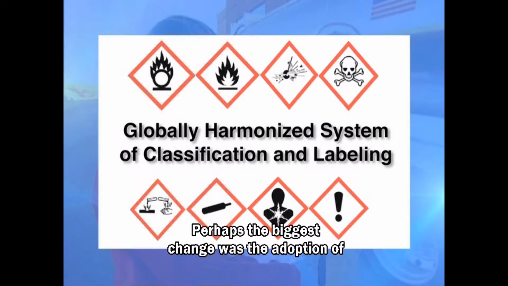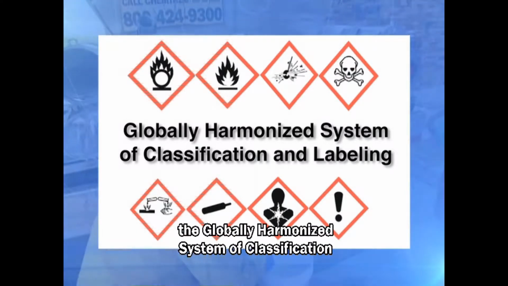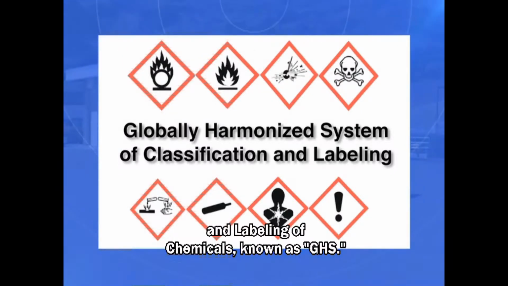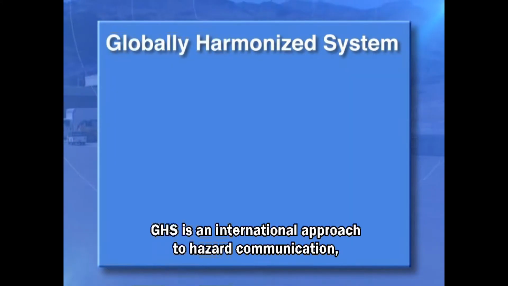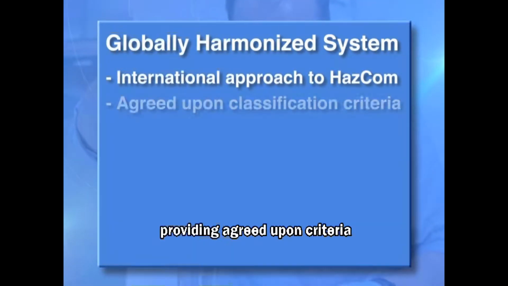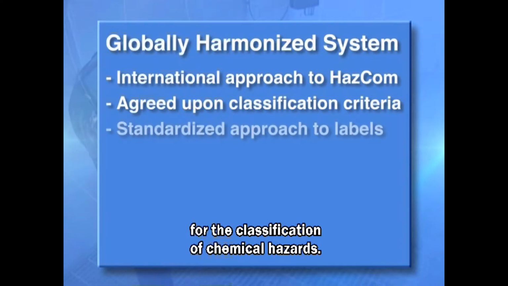Perhaps the biggest change was the adoption of the globally harmonized system of classification and labeling of chemicals, known as GHS. GHS is an international approach to hazard communication, providing agreed-upon criteria for the classification of chemical hazards.